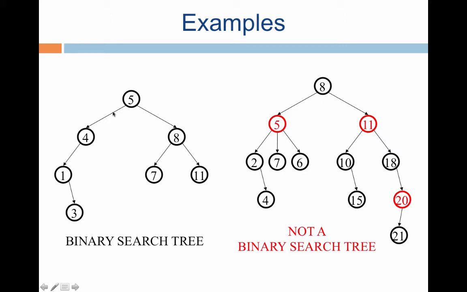And observe that it would have been better if 3 had been placed here, 1 was the left child of 3, and 4 was here. You'd have had a binary search tree which was shallower than this binary search tree. I hope the example was clear. This binary search tree is a binary search tree which is good. However, we want to have binary search trees which are as shallow as possible.